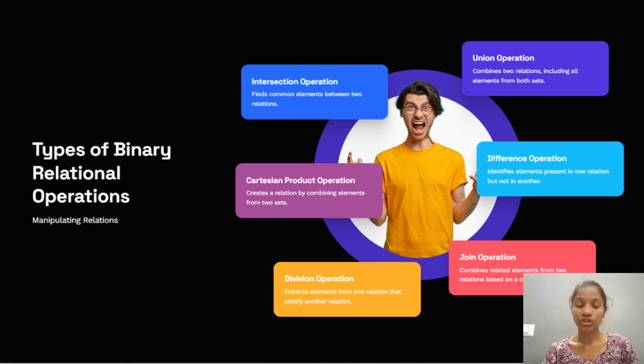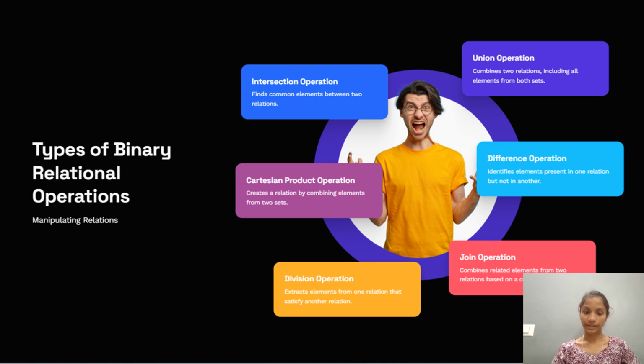Next, difference operation. Difference operation means the values which are present in the first table but not present in the second table. To retrieve such values, we use the difference operation. Join operation is nothing but joining values from the two tables. There are different types of join: left join, right join, left outer join, right outer join.